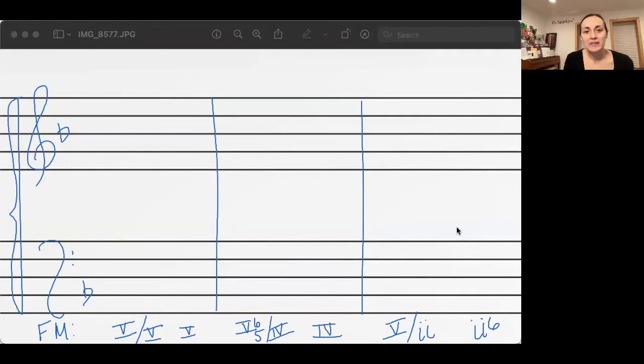Hello out there. Today we're going to be talking about secondary dominance, and we're going to have a rundown of what a secondary dominant is and how it works.